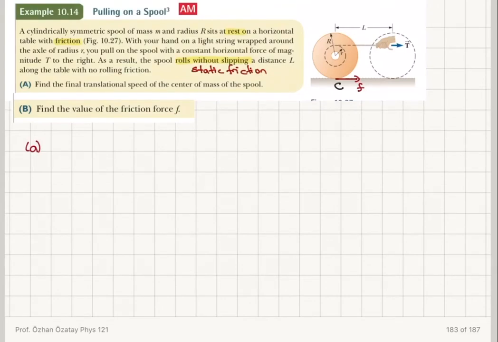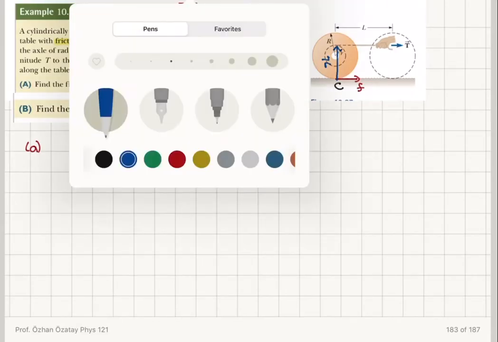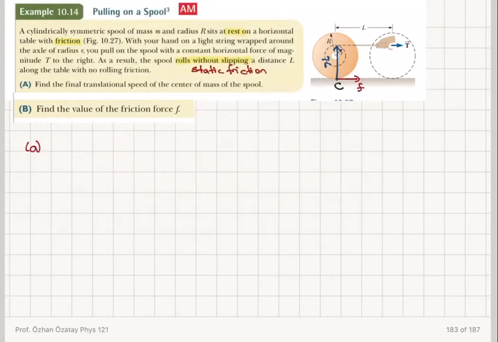Okay, and in order to get an equation that does not involve this unknown force of friction, I will take the torque with respect to the contact point here. So I will draw a vector from the contact point to the point of application of the force and calculate the torque with respect to the contact point C.